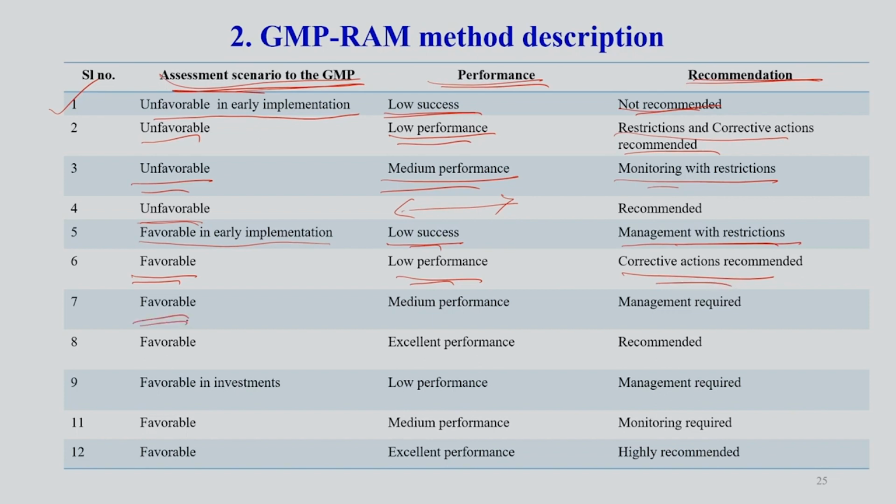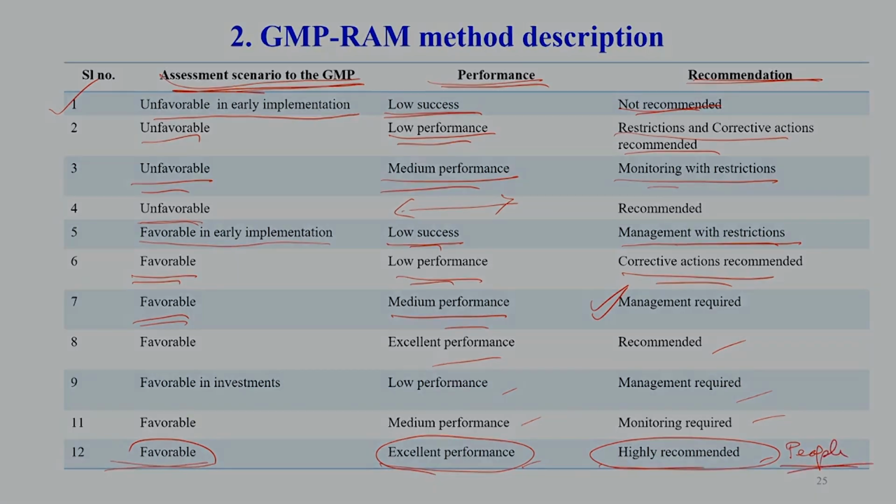If it becomes favorable but with medium performance, the recommendation is management is required. This way, as per the performance level, you decide your recommendation. Finally, favorable with excellent performance goes as highly recommended, and at that point it goes to the people. So, people can use that particular GMP.